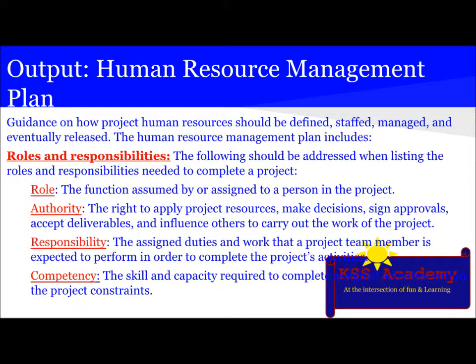The four things that should be listed are role, authority, responsibility, and competency. Under role, the function assumed by or assigned to a person in the project. Under authority, the right to apply project resources, make decisions, sign approvals, accept deliverables, and influence others to carry out the work of the project.